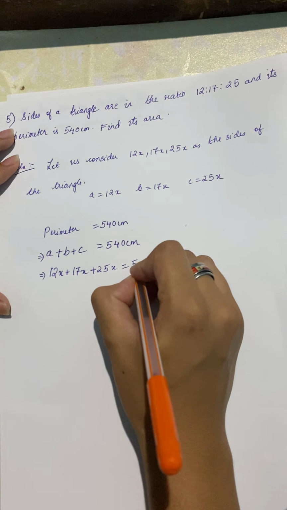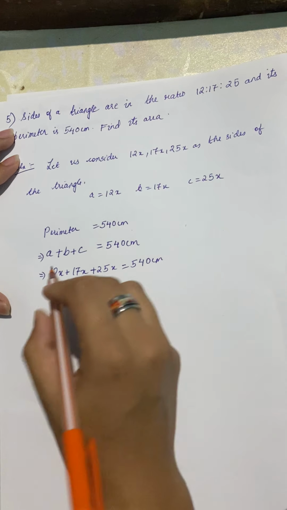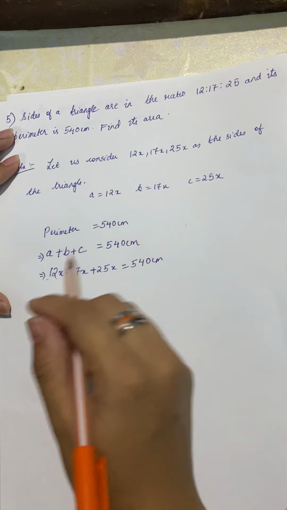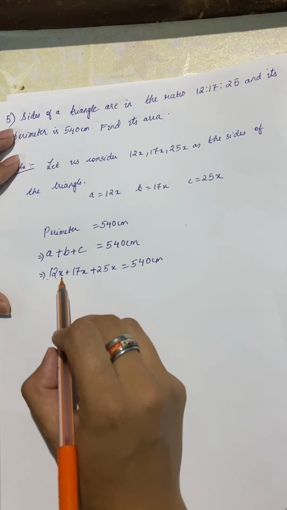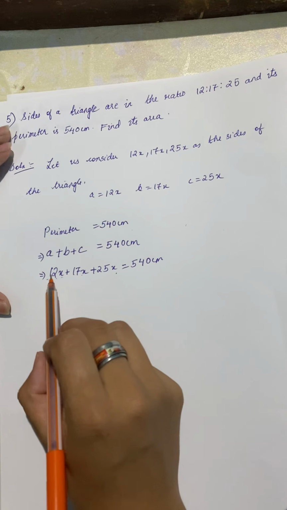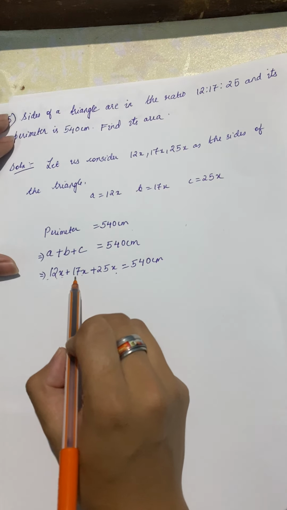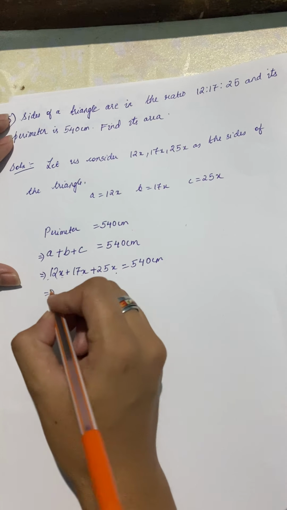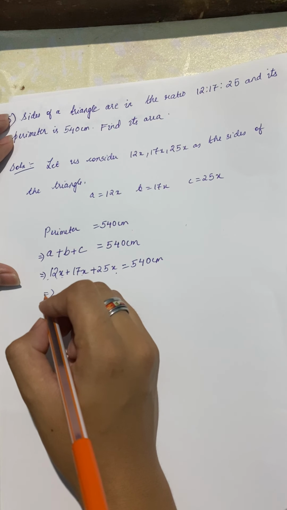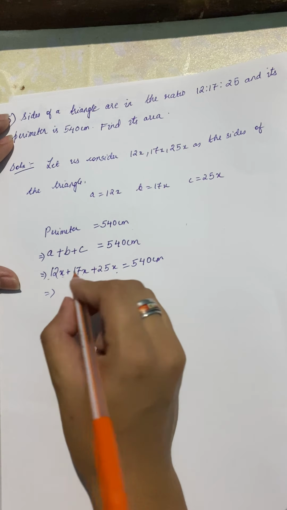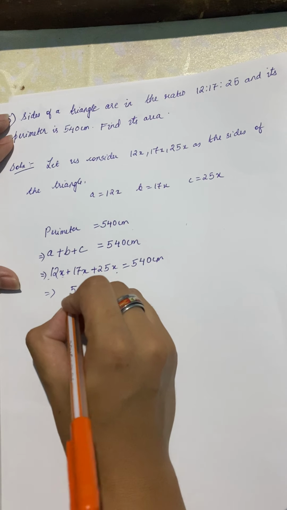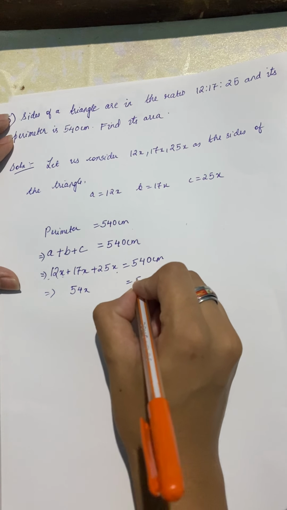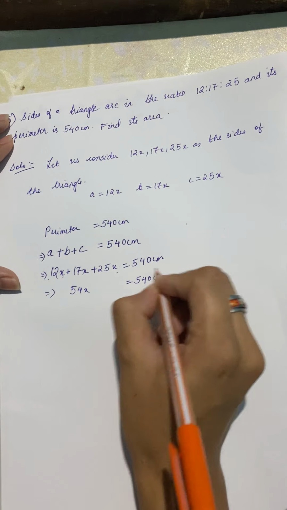Now you take the addition of all of these. You can add all of them because all of them have the same variable x. So 12 plus 17 will give you 29, plus 25 will give you 54x. Clear? And now this will easily help us find x.